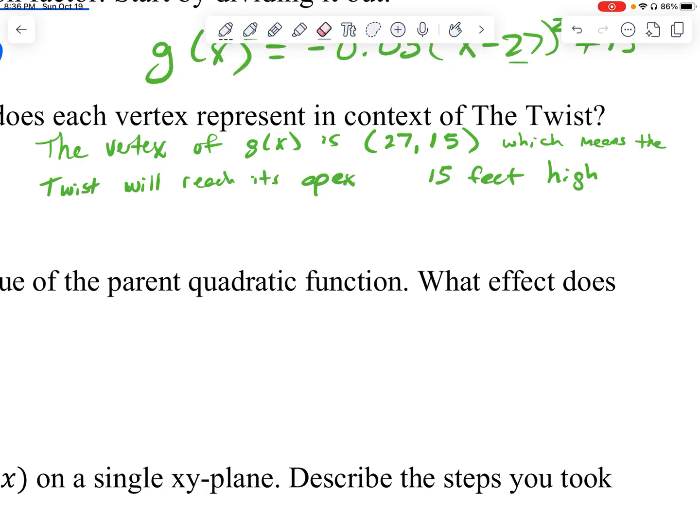Actually, I shouldn't change that word to of, because at usually means like at what time. So an apex of 15 feet high at 27 seconds after leaving the station.